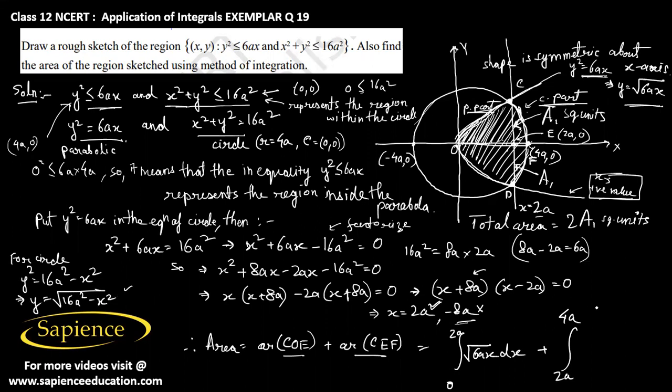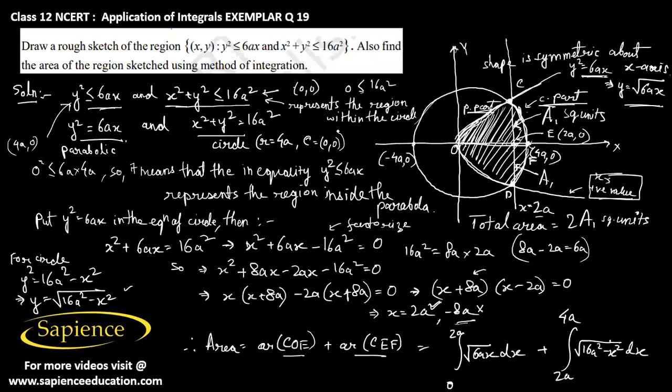So this one we will use, and now we have to integrate it. Therefore the required area will be equal to the integral from 0 to 2a of square root of 6a into root x dx, plus the integral from 2a to 4a of square root of 16a square minus x square dx.